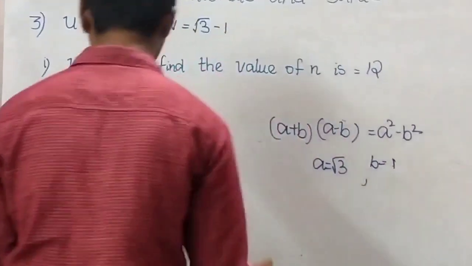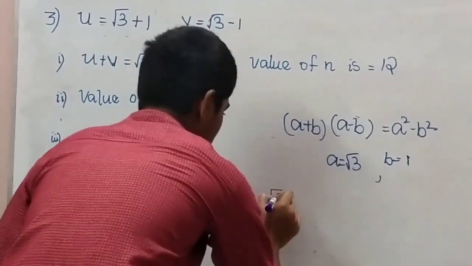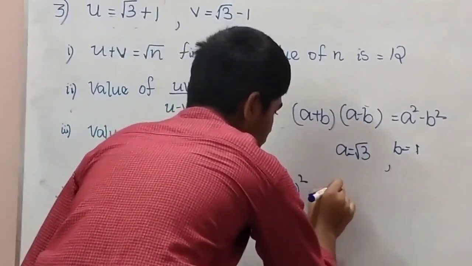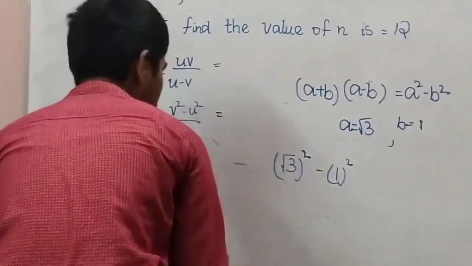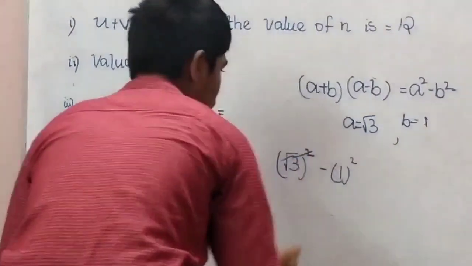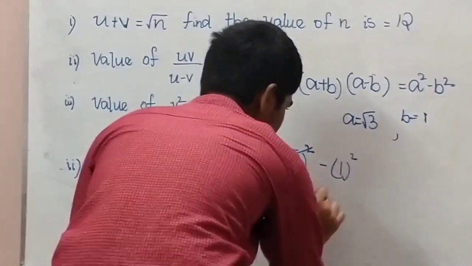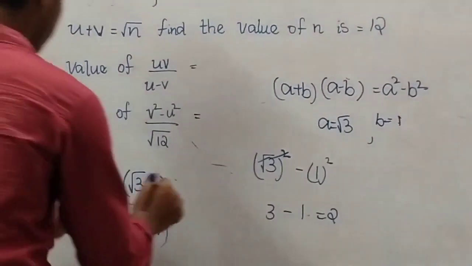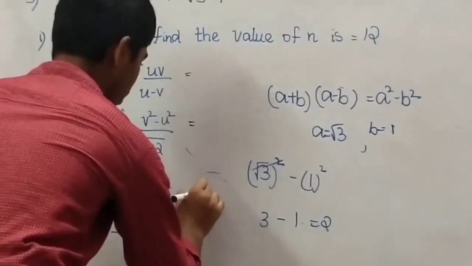Now root 3 whole square minus 1 whole square. Root 3 whole square, the square and root cancel, is 3, and 3 minus 1 is 2. In the numerator the answer is 2.